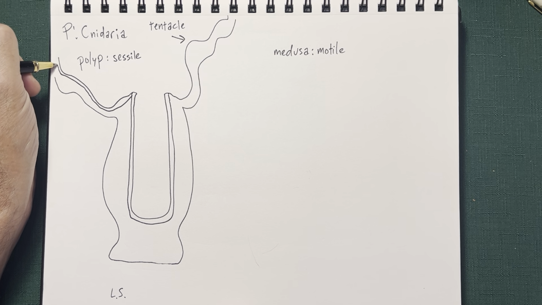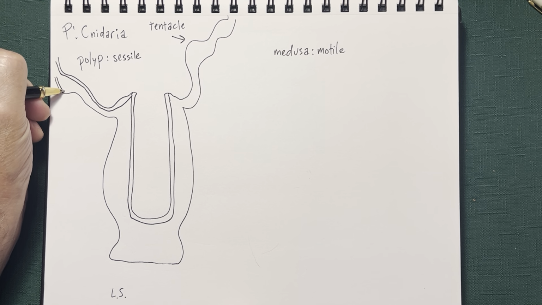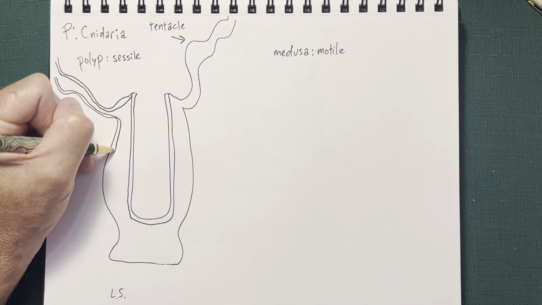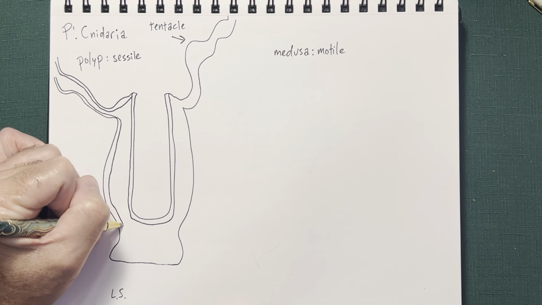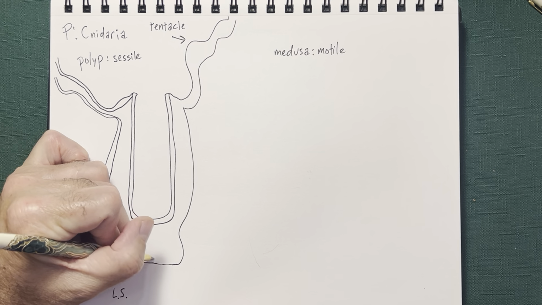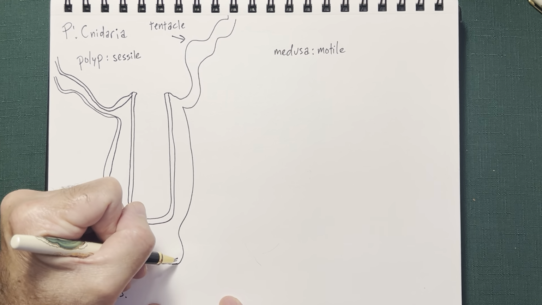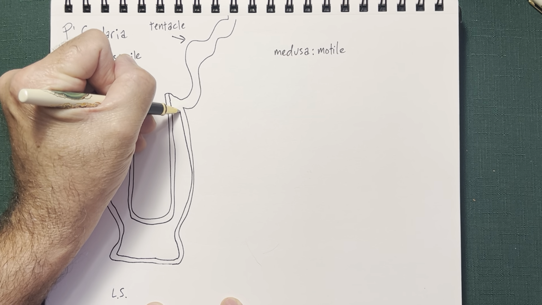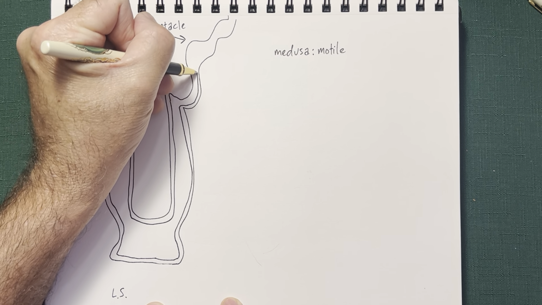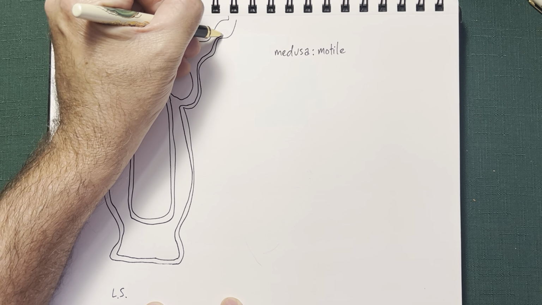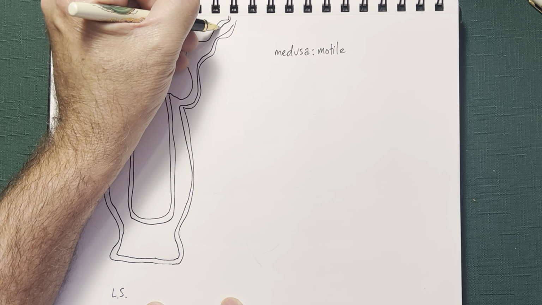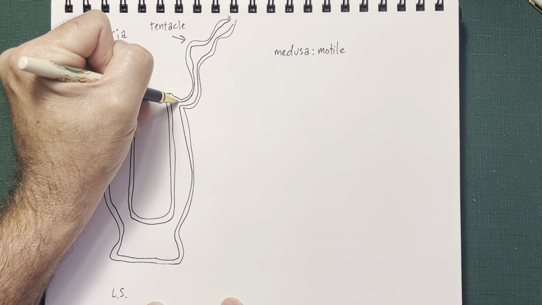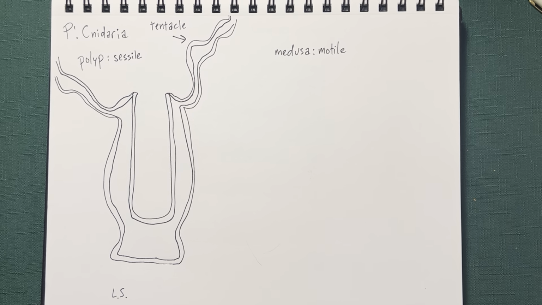I'm also going to add a little bit of color. Basically, I'm just following the lines that I laid down at first, making myself a little bit of a boundary for when I'm going to color this in in a minute. And the tentacles can be very long.